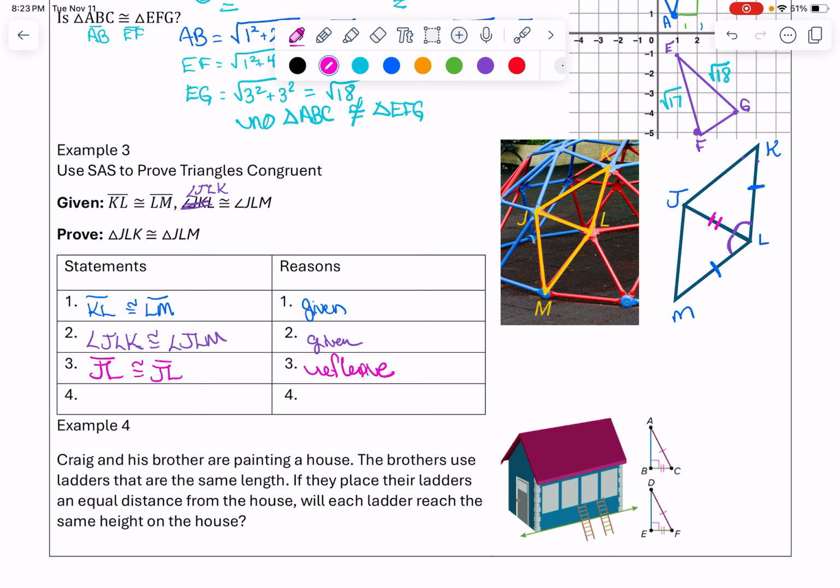And now we have a pair of sides that are congruent to each other, a pair of angles that are congruent to each other, and another pair of sides that's congruent to itself. And because these are the two sides and the angle in between, we can say that these two triangles are congruent by side, angle, side.